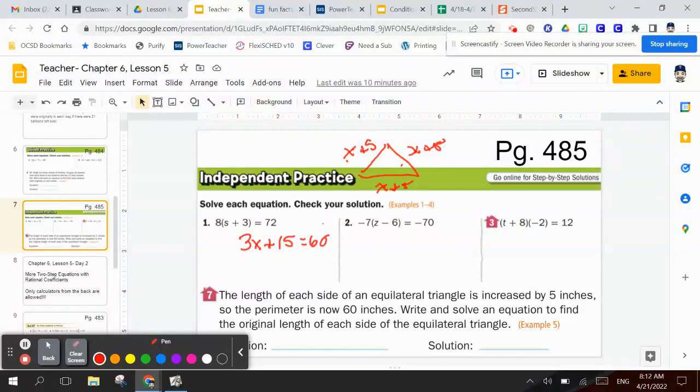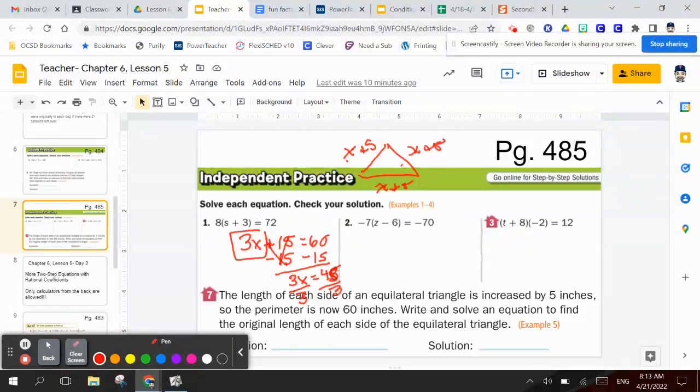equals 60. So to solve, I want to subtract 15 from both sides. I want to do the opposite to get my variable by itself. 15 minus 15 is 0. I'm left with 3x equals 60 minus 15, which is 45. Sorry, that's a 5. So then to get my variable by itself, I have to divide each by the coefficient.